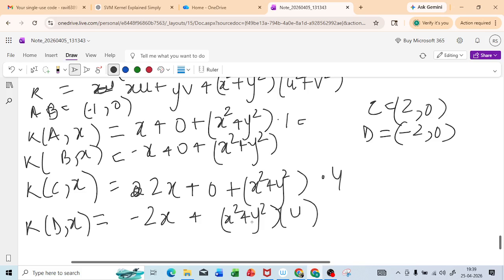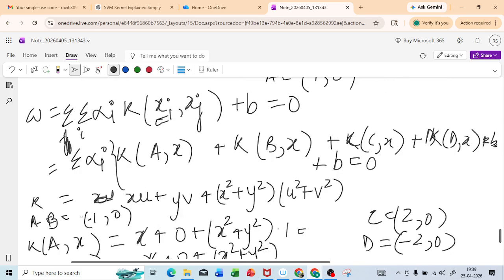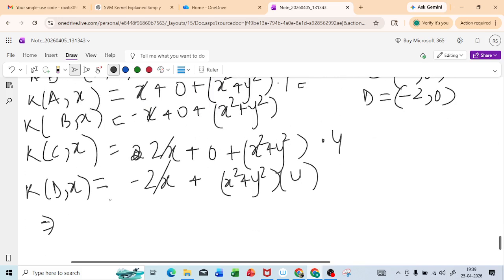You see what happens is this and this get cancelled out, if you do the summation. So all we are left with is this 4 plus 4, 8, plus 2, so we are left with 10 times x square plus y square.